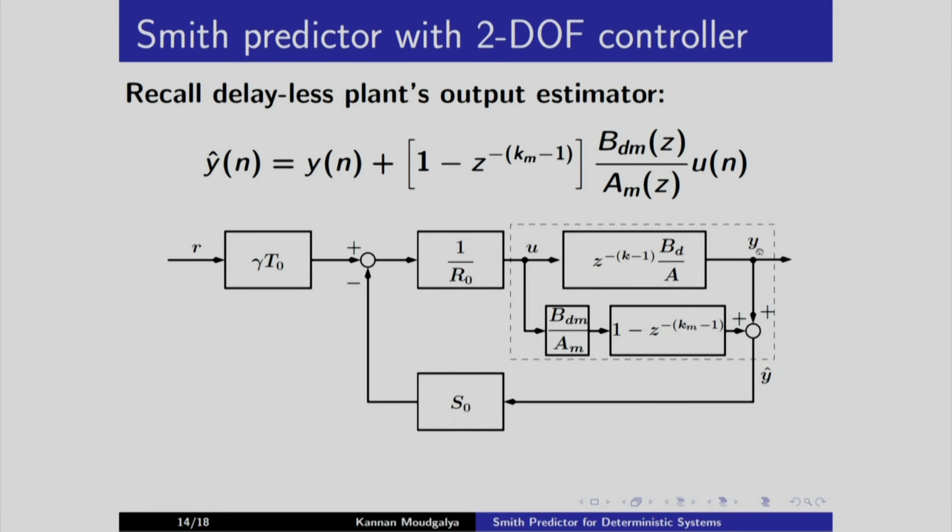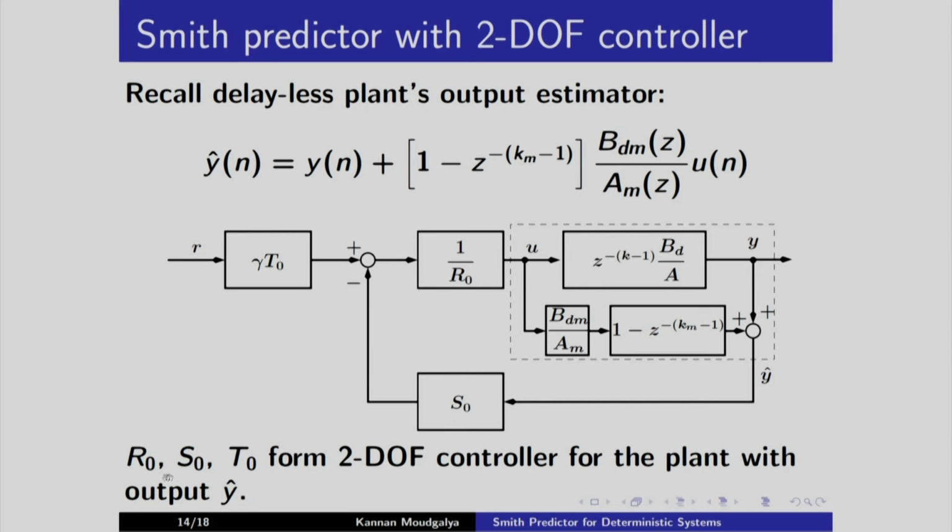Input is U, output is Y, and then in parallel we also take this output and then add the two, call it y hat. Now the estimate, that is the delayless estimate of y, is fed to S naught. Remember, this is our 2-DOF configuration. So R naught, S naught, T naught form the 2-DOF controller for the plant with output y hat.